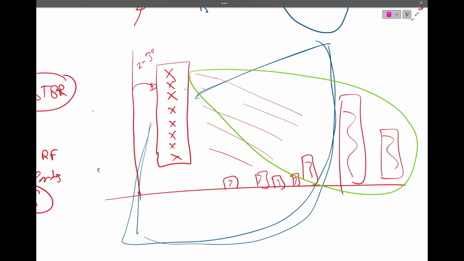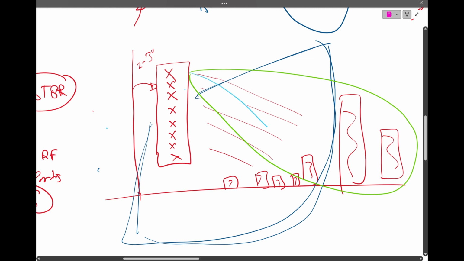This depends on whether we want to focus on, let's say, 1 kilometer or 5 kilometers, that area, or let's say we have multiple beams, then we want one beam like this focusing a little far, one beam like this, and one beam like this. We don't want this antenna to radiate on top.